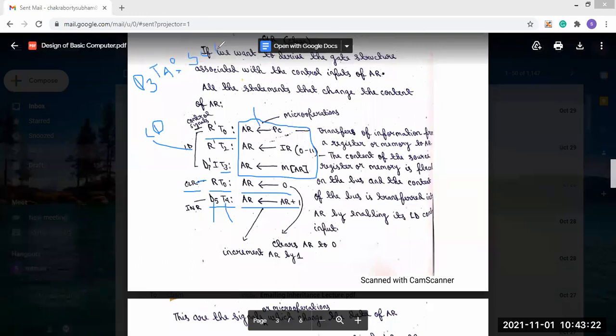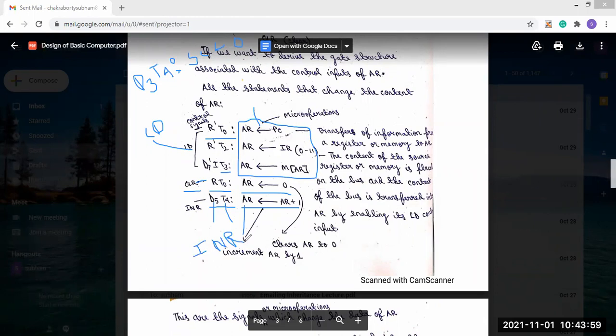Like that we write here also: with output signal D5 and timing signal T4, the address register is incremented by 1. This is the operation associated with INR, because increment is done here. INR is for increment.